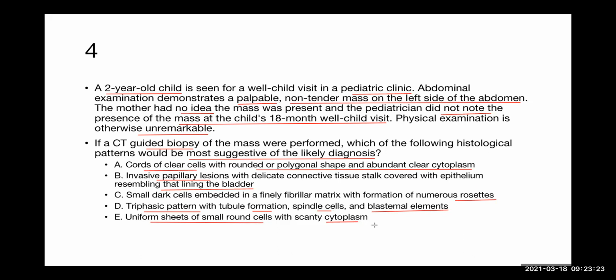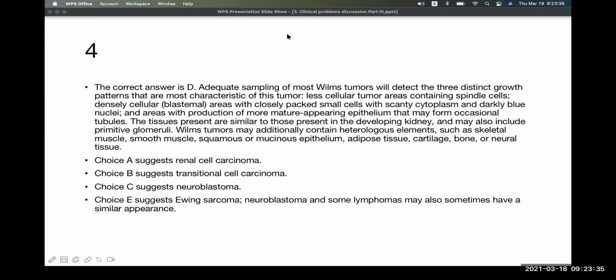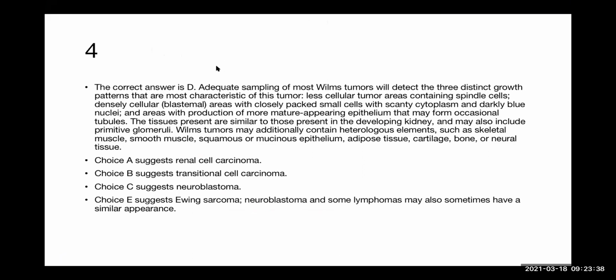Sometimes questions are a little bit difficult, but the point here is we are learning about the histopathology of Wilms tumor. Now, let's go through the explanation. The correct answer is D. Adequate sampling of most Wilms tumors will detect the three distinct growth patterns that are most characteristic of this tumor.